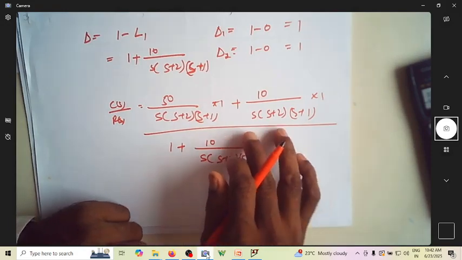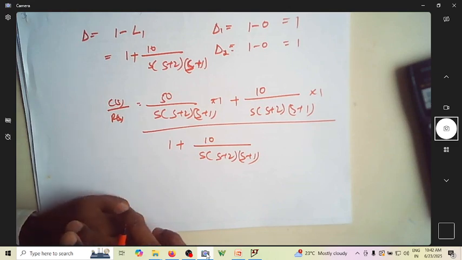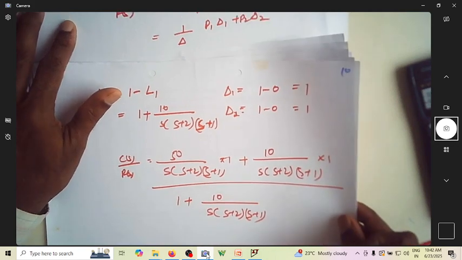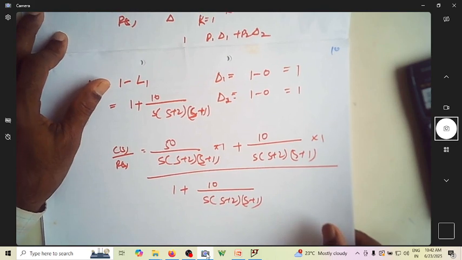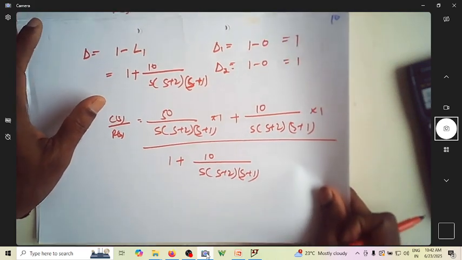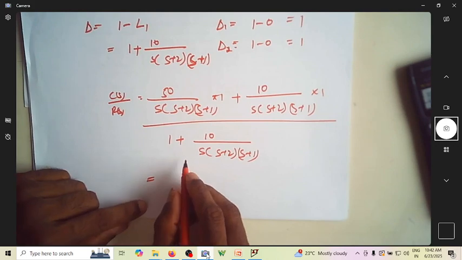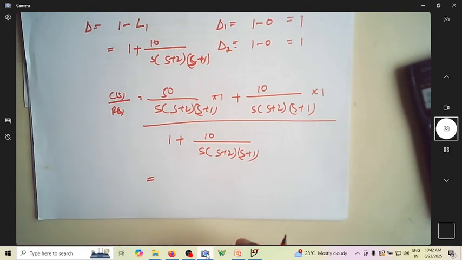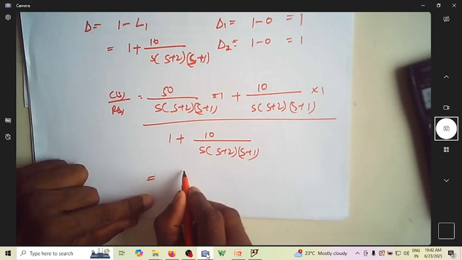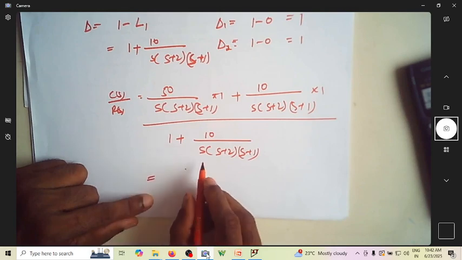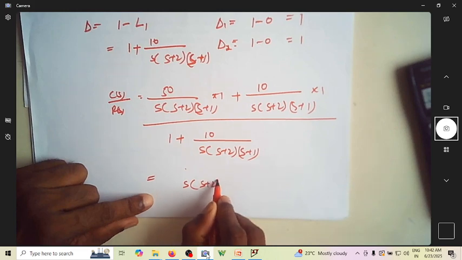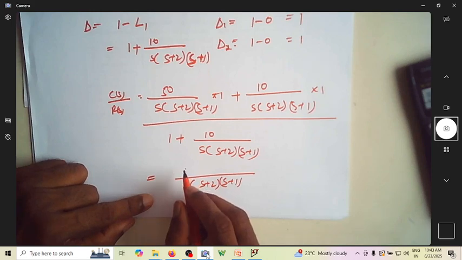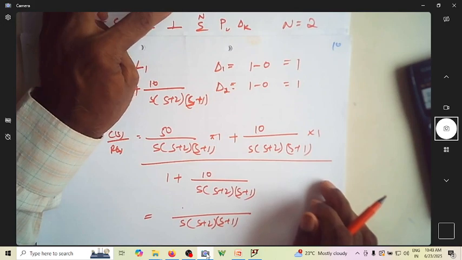Then you can see in the numerator, this plus this will actually become, because you can see the denominator is the same, s into s plus 2, s plus 1, divided by, of course this will become, so this is 5 into 10, so this is 100.